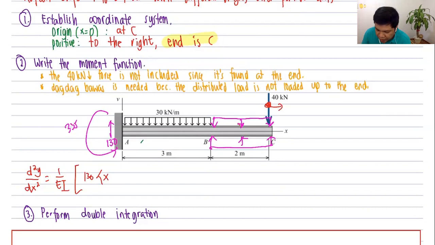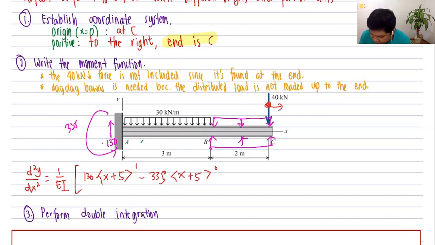Therefore, where is the location of the 130 kilonewton force? It's at -5, correct? Therefore, x minus -5, so that's x plus 5 raised to 1, minus 335 because the applied moment is counterclockwise. x minus a, where is the location? a is equal to -5, so x minus -5, x plus 5 raised to 0.